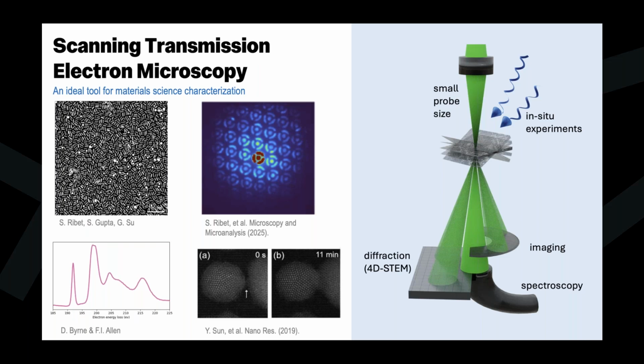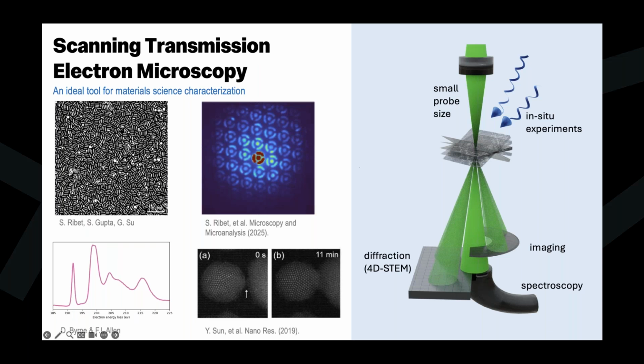So for example, you can do imaging. You see this in the gold nanoparticles in this first image on the left. This is nice because we can know about the morphology of your sample. You can do diffraction, and this is very position-sensitive structural information. Another technique that will come up a lot today is 4D STEM. As you scan your beam across the sample in Rx and Ry, at each position you collect a diffraction pattern.